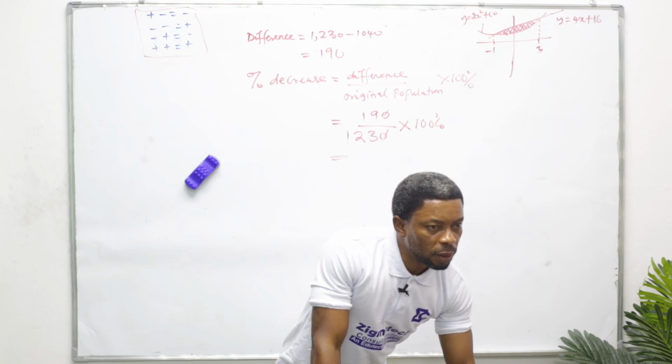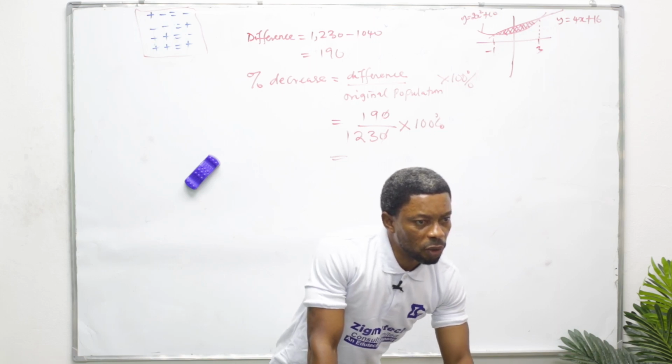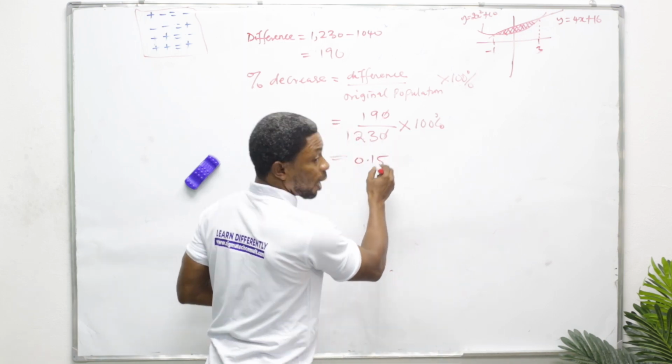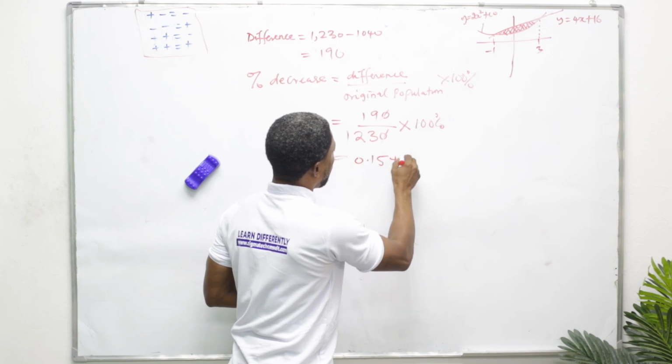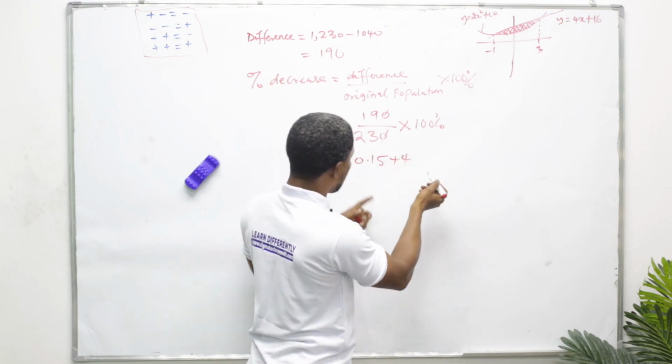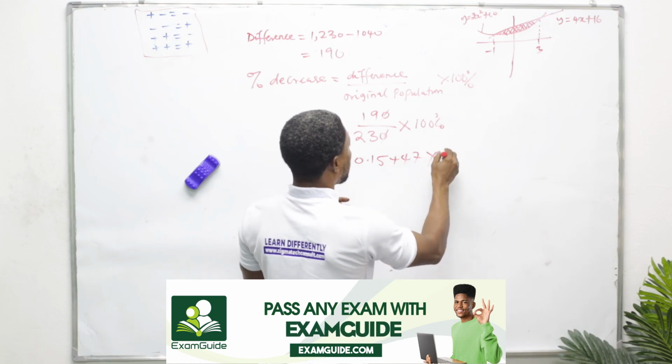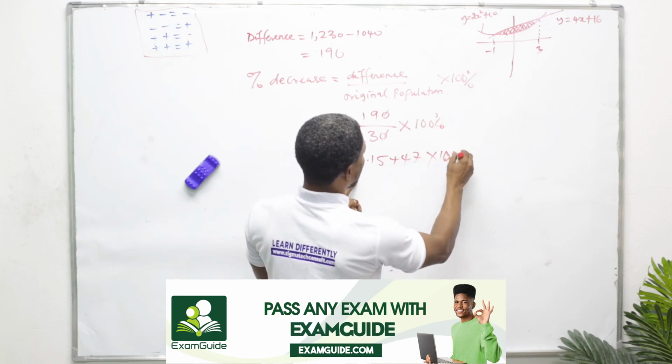19 divided by 123. So you now have 0.1544. Let me take it to 4 decimal places, and then multiply by 100.